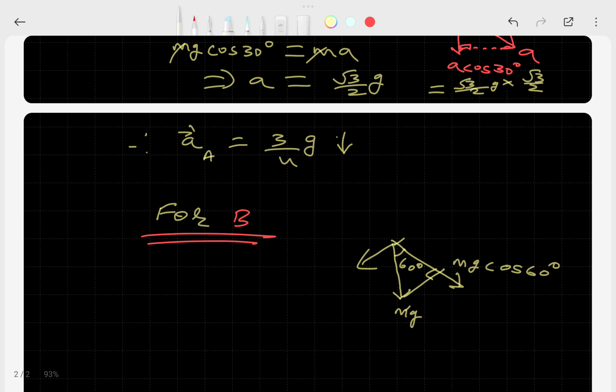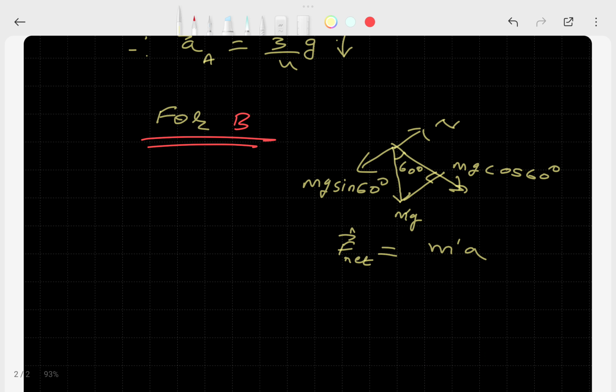Anyway, this normal will be balanced. Again this is the inclined plane. This normal is the same as for block A. For B also it is the same. This is your mg sin 60. Now down the plane it is mg cos 60. So what can you write? Net force, Newton's second law, F net equals mass into acceleration.